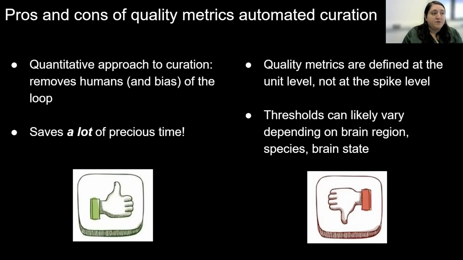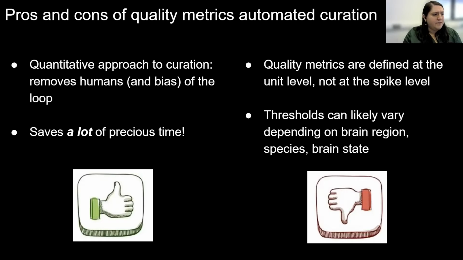Some cons to be aware of. Generally, quality metrics are defined at the unit level, not at the spike level. So we say a unit is good or a unit is bad, passes or fails. If you have more specific questions about individual spikes, then you may have to dig in and do more manual curation.